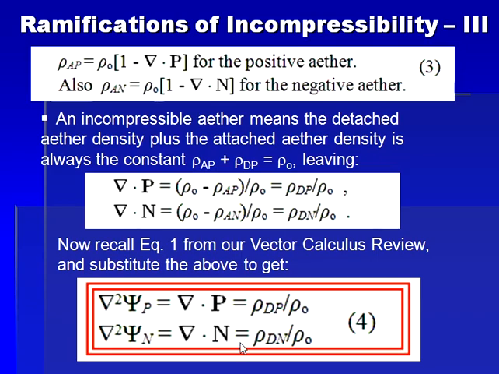These equations will be quite important when we make an identification of Maxwell's equations later in this webinar. Indeed, equations 4 are the central important ramification of our postulate that the ether is incompressible.